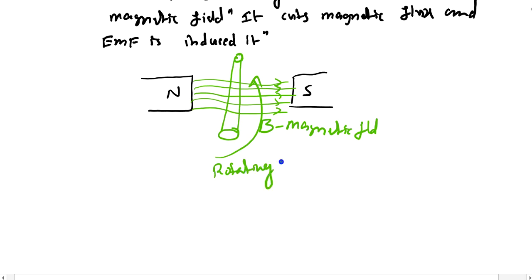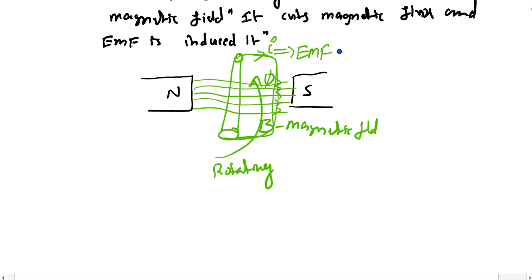whenever a rotating conductor is placed in a magnetic field, it will cut this magnetic flux. If it cuts the magnetic flux, and this conductor is a closed circuit conductor, then it is going to produce current in it. Therefore it will induce the EMF.